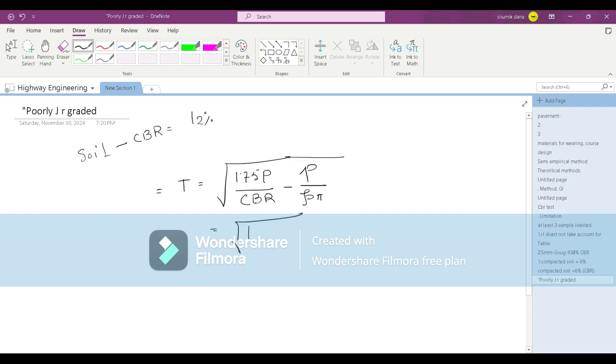That means 1.75 into 4085 divided by 12% minus 4085, the tire pressure is 7 into pi, equal to 20.24 centimeter. So for poorly graded soil, 31.7 minus 20.24 is equal to 11.46 centimeter.